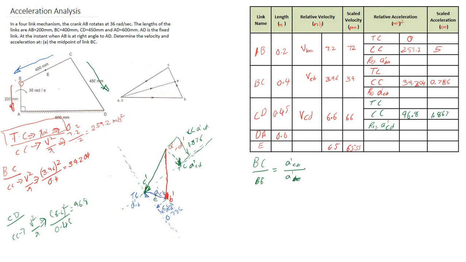So this is the point E. After obtaining this point E, you have to join it with the grounded points. Then only we will be able to measure the absolute acceleration of the point E.